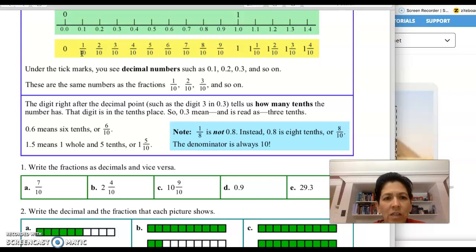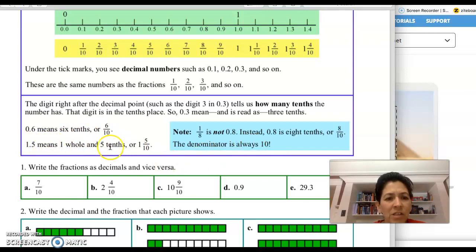You're not going to see it split into 8 or 7 or 13. We're talking about amounts of 10. So if you take a look at this blue note here, it says 1.8 is not 0.8. Okay, 0.8 is 8/10. The denominator in this case is always going to be 10.